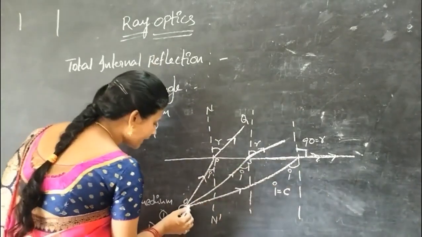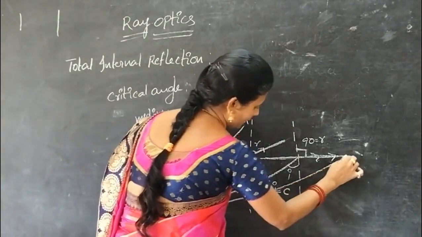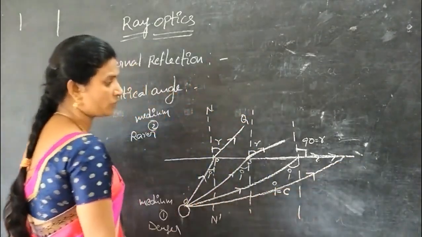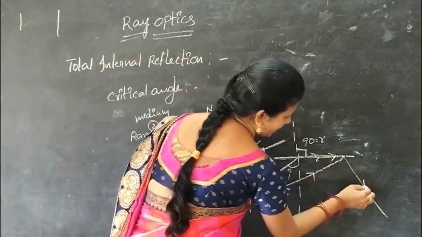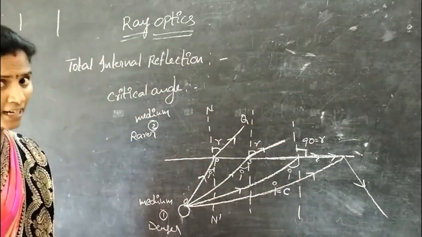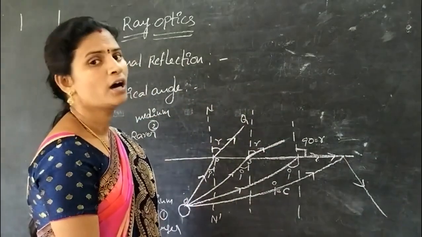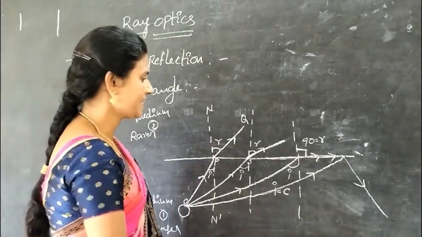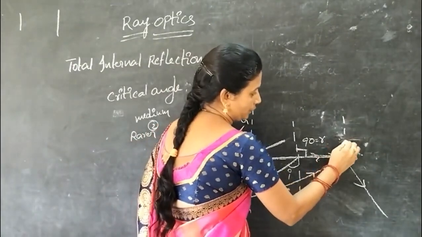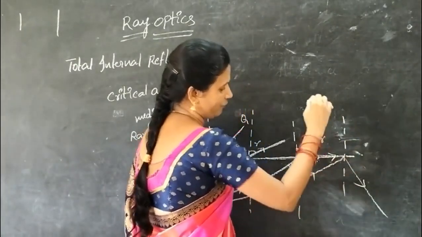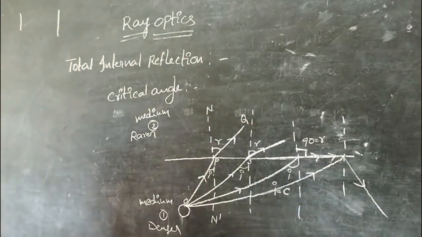Again we have to increase the angle of incidence. What will happen means, it gets internal reflection. So there is no refraction. So this phenomenon is known as total internal reflection. That is the normal.